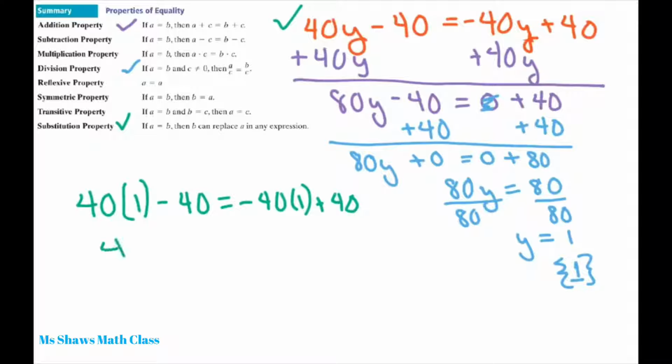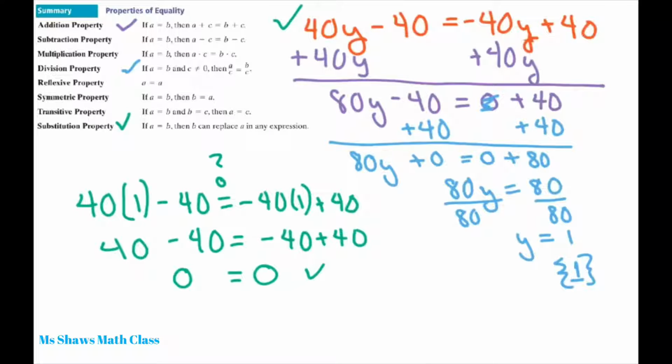Therefore, we get 40 minus 40 on the left-hand side and negative 40 plus 40 on the right-hand side of the equation. That means we have 0 equals 0, which is true because we're checking to see if these sides equal, and it is. So our answer, our solution set, is 1.